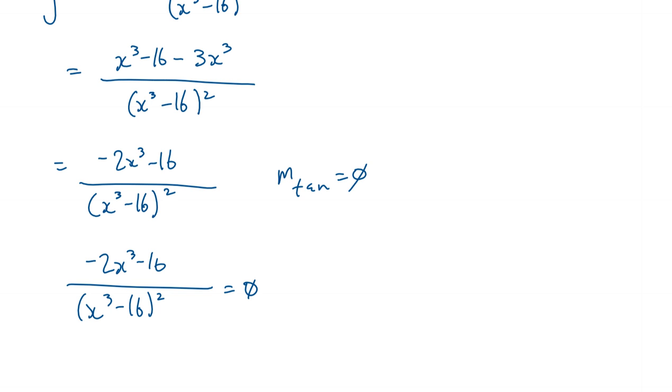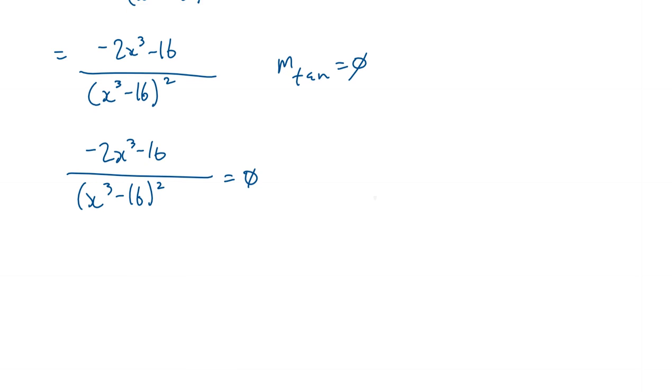Where's that from? Where did you learn how to do that? Yeah, but how do you know that? Didn't we do all of this in MHF? That's like, if you ever wonder why we learned the stuff we learned in MHF, there's one reason, because now we need to know how to solve a rational equation. I need to know how to figure out when this is 0, which is when the top is 0.